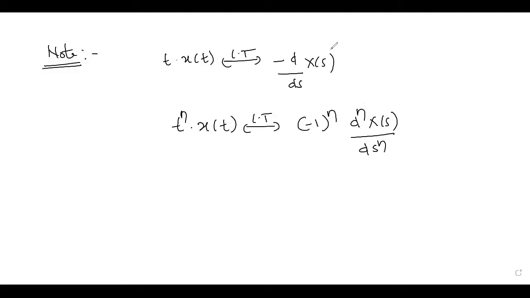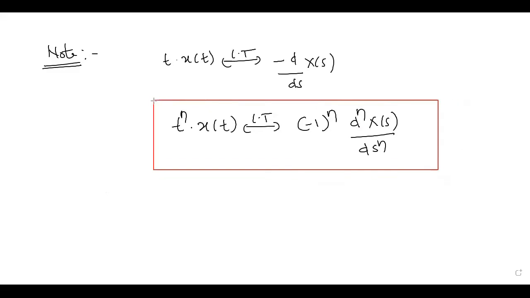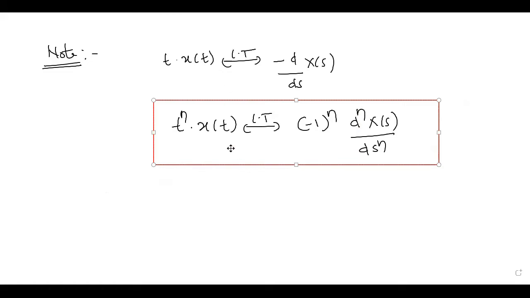Okay, this is an important formula. We use it in solving differential equations, finding transfer functions, and inverse Laplace transforms. The application of this property is more, in system related problems. So the Laplace transform of t power n into x of t is minus 1 whole power n into d power n of X of s by ds power n.